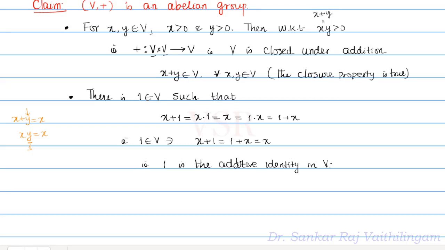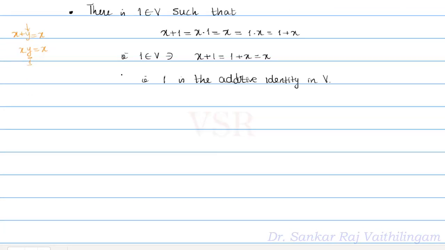Now we have found the additive identity. What should we find for the third point? For any x belongs to V, that is x is positive, we know that 1 by x is also positive.